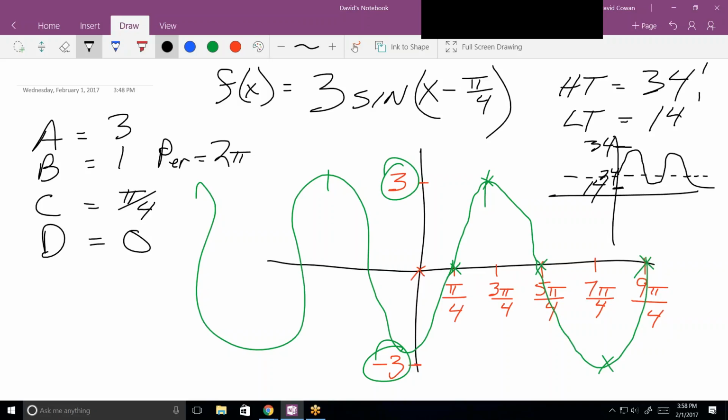And then they might say that you breathe once in and out every 4 seconds. Well, that makes your period 4 seconds. So when they give you word problems, you can take everything and translate it to an A, a B, a C, and a D, and come up with the sinusoid function that represents that particular model. And that's pretty valuable.